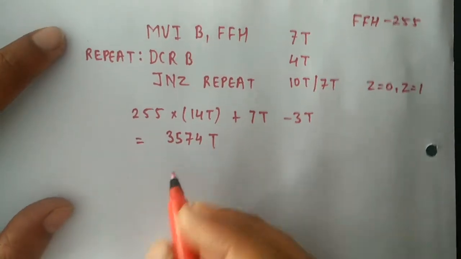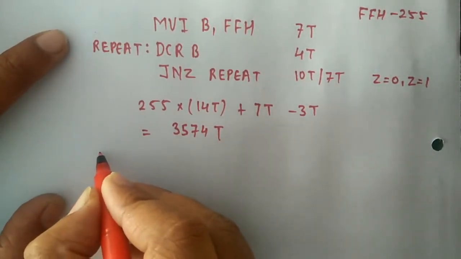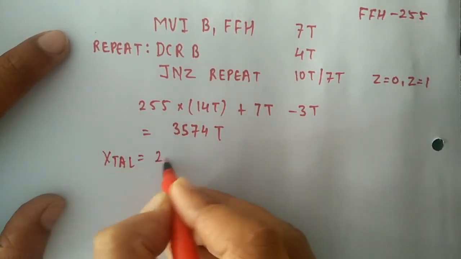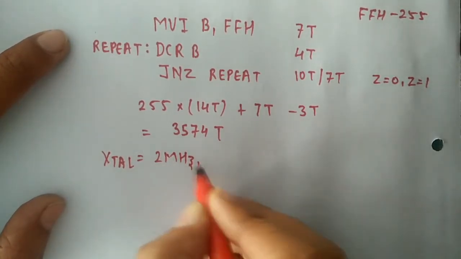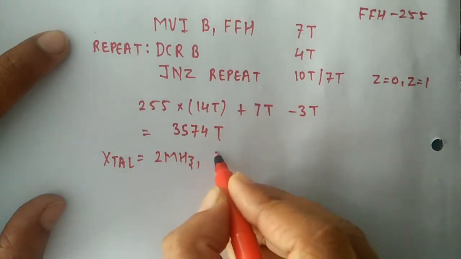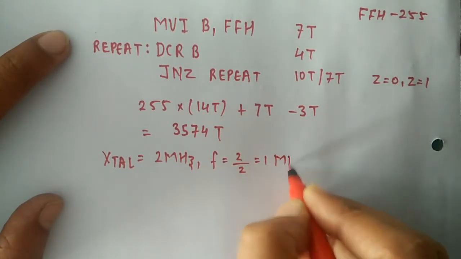Here again I am telling you that if we have connected our microprocessor with a crystal frequency of 2 megahertz, then the frequency generated inside the microprocessor will be half of this frequency, so that will be 2 by 2, that is 1 megahertz.